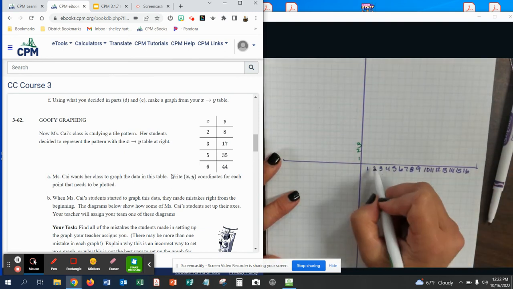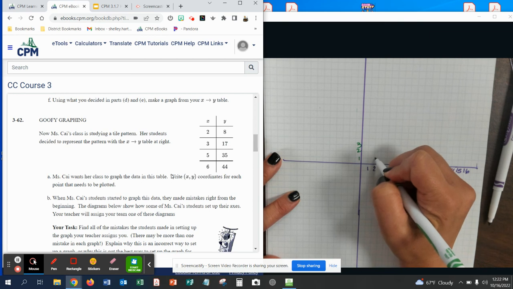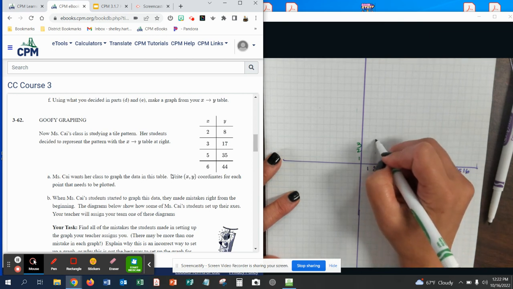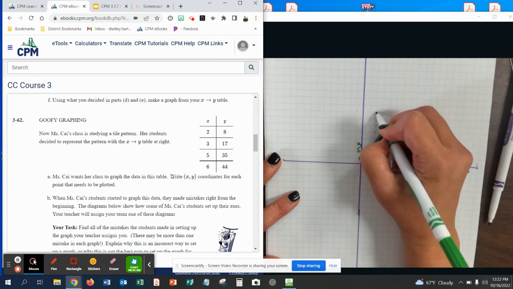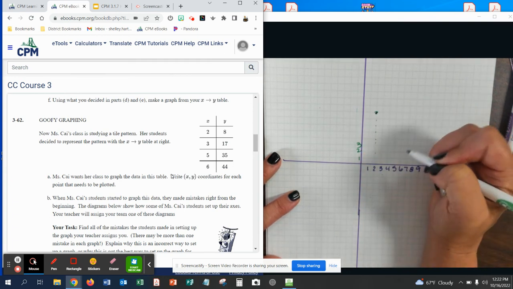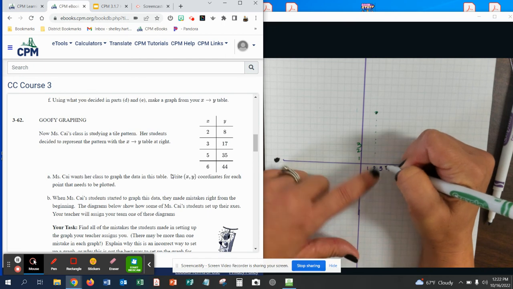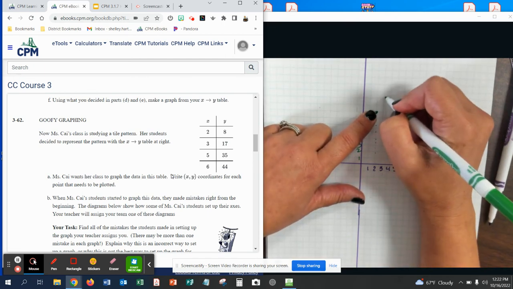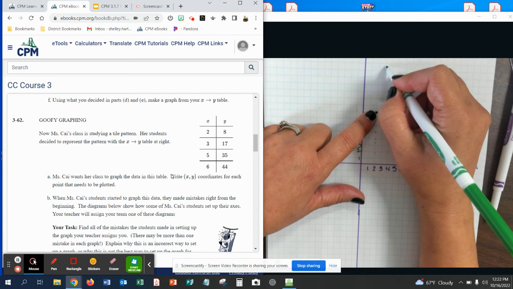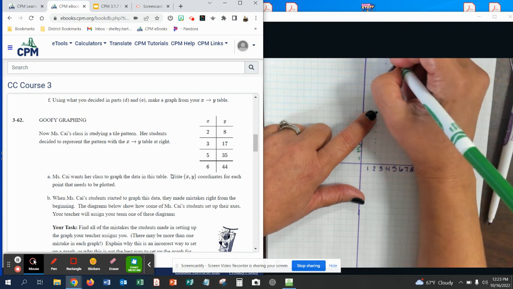Then when you graph it, you go 2, and up 1, 2, 3, 4, 5, 6, 7, 8. And then 3 and 17, counting up to 17.